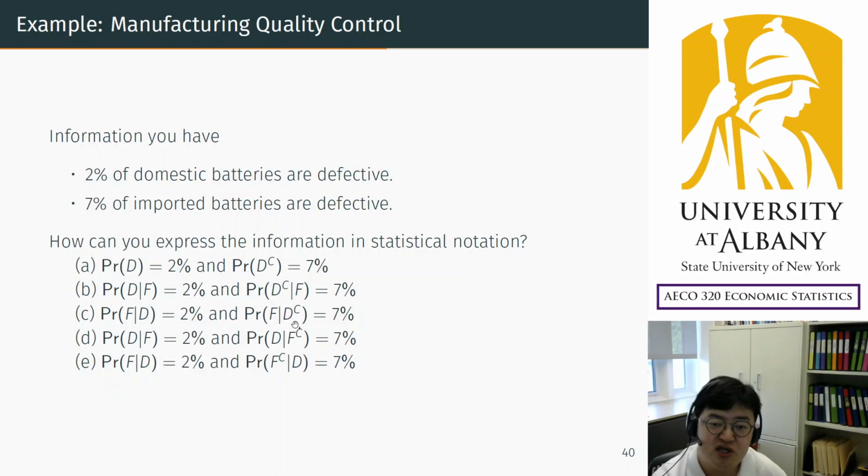So the condition changes, but it is basically the same probability of defective batteries. So the answer is P(F | D complement). 7% is the probability that a battery is defective given the condition that the battery is imported. Okay? So that's how we translate these sentences to statistics.